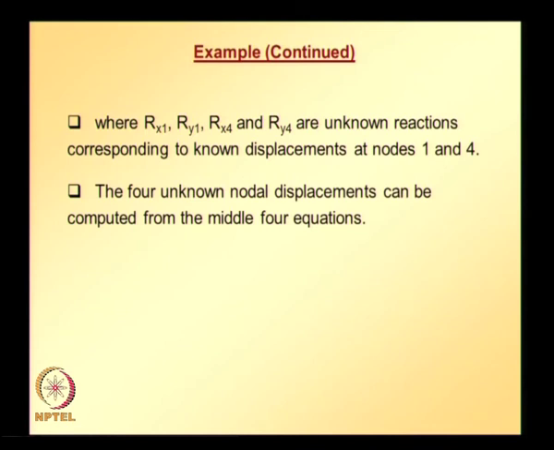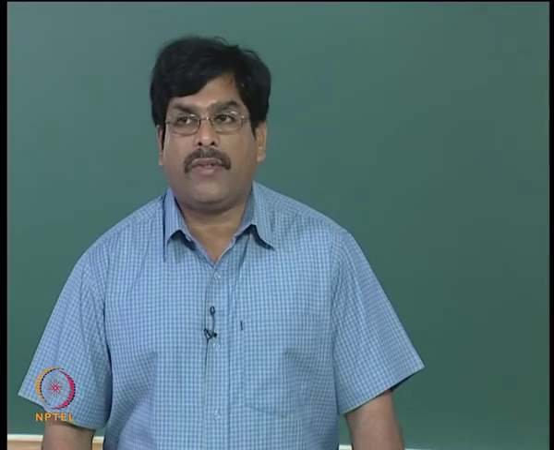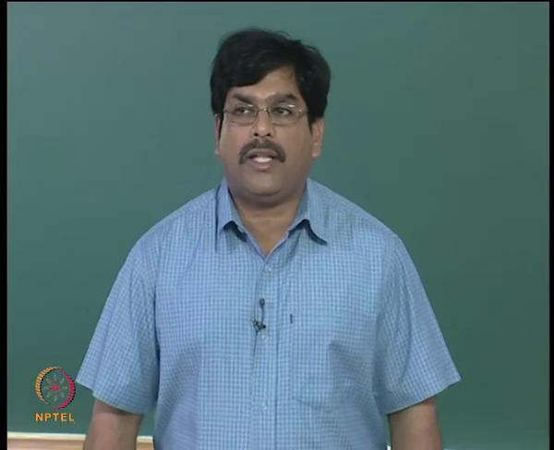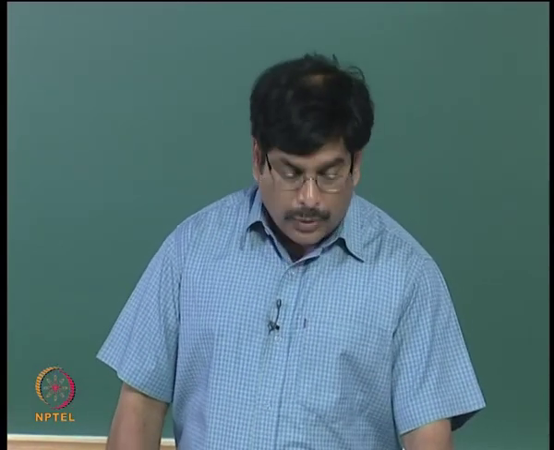And if you see that global equation system, 4 unknown nodal displacements are required to be calculated, u2, v2, u3, v3, and these can be calculated from the middle 4 equations. Eliminating the rows and columns in the global equation system corresponding to 0 degrees of freedom, we get the reduced equation system.